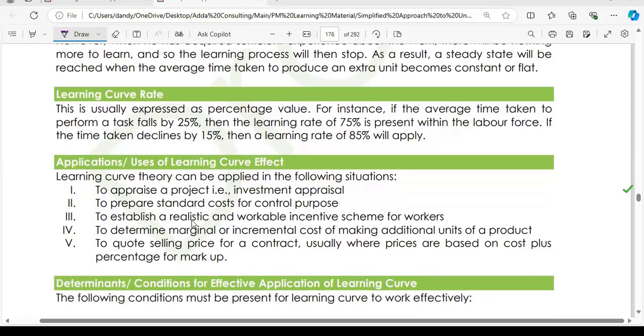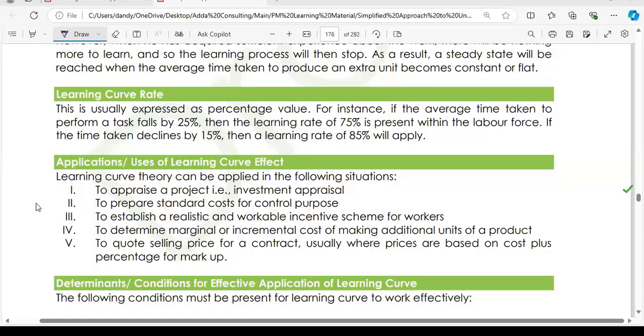Okay. Now, what are the uses of learning curve effects? In what areas can you apply learning curve effects? Number one is for investment appraisal, and in any task that requires labor efficiency, that requires labor hours, for example, you can apply learning curve effects.